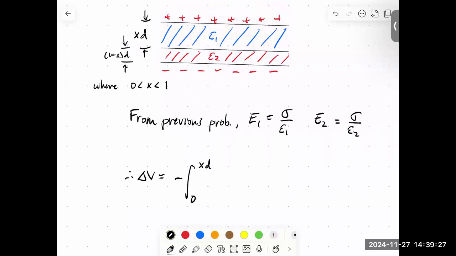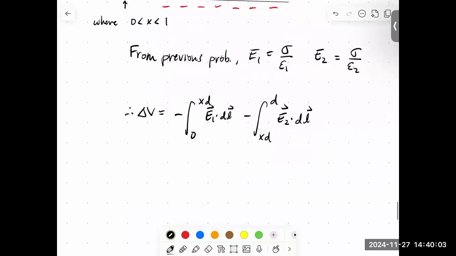I have a weird axis here where I'm going to call the top of the top plate 0, and then we're going to go to x times d by moving down, and so that will be E1 dot dl, and then we have to go from xd to d, and in that region we have E2, so we have this E2 dot dl integral.